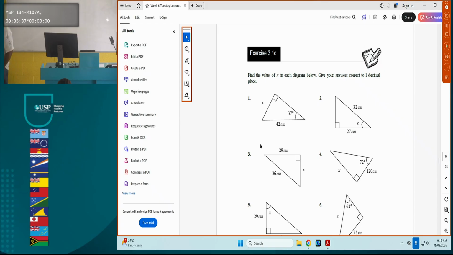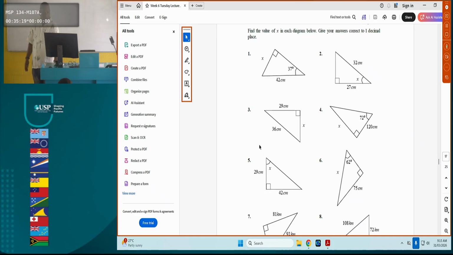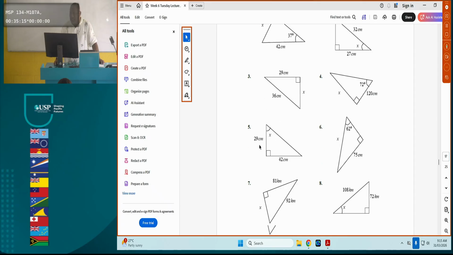SOHCAHTOA, because an angle is involved. Question 2. SOHCAHTOA, an angle. Question 3. Pythagoras, no angle is used. Question 4. SOHCAHTOA. Question 5. You sure? Question 6. SOHCAHTOA or Pythagoras? Question 7. And question 8.